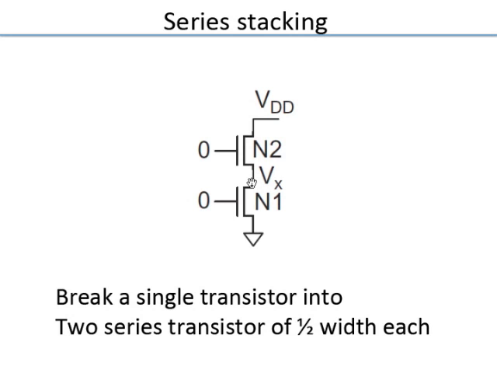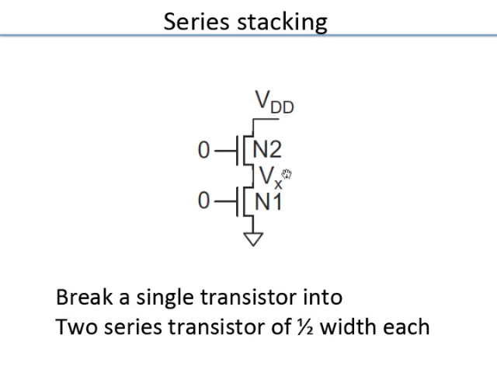So Vx, the intermediate node, will rise up. When Vx rises up, it will cause a negative gate source voltage for N2. That will reduce the leakage even more. So this stacking has a beneficial effect of reducing leakage, and you can have leakage reduced by a factor of 10 or more because of stacking.